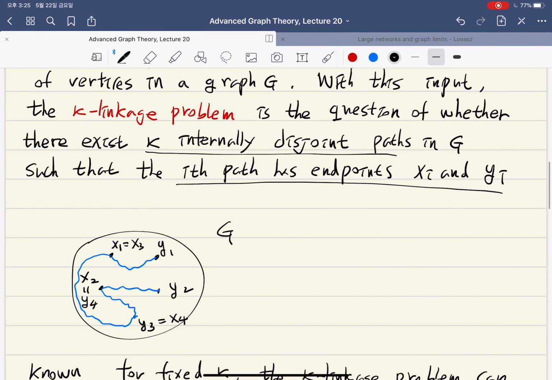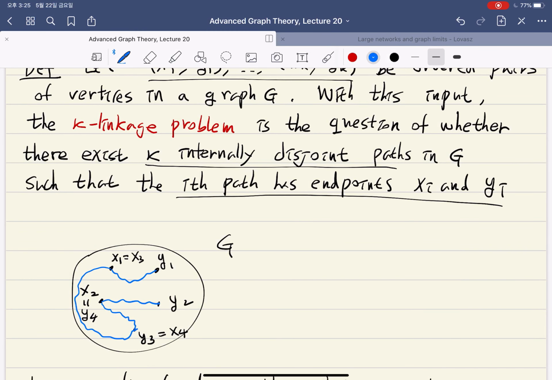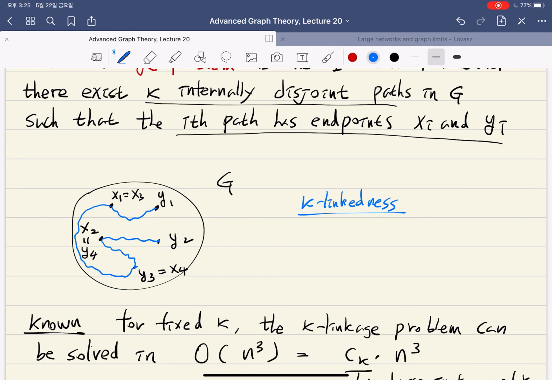We will actually skip the discussion about this algorithm because it's complicated. But this is something that's known. One remark is that before, when we considered k-linkedness, we took two sets of k vertices which are all distinct.